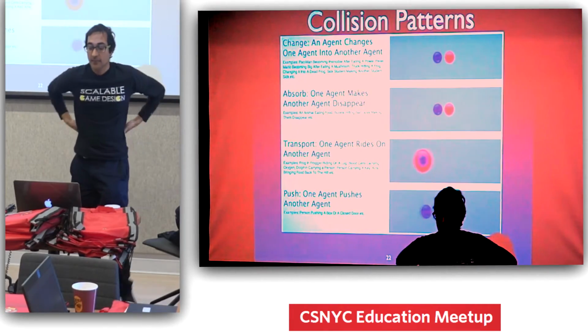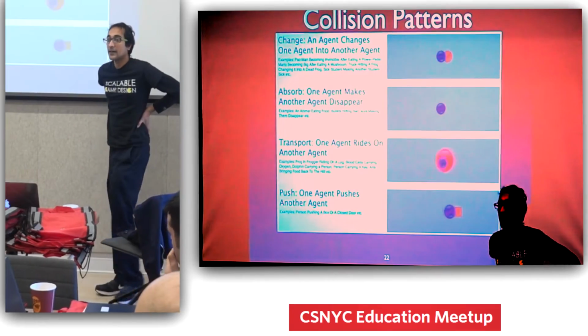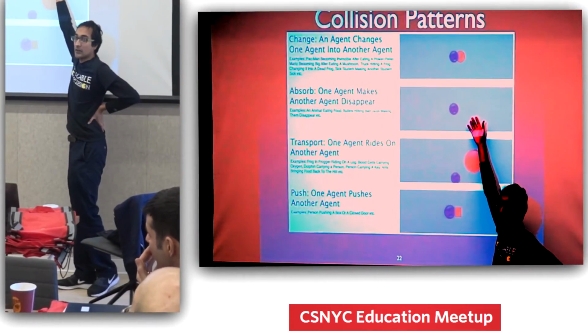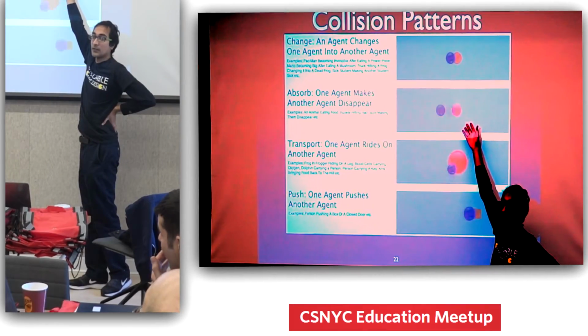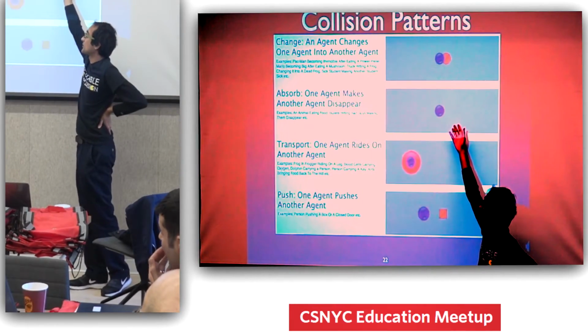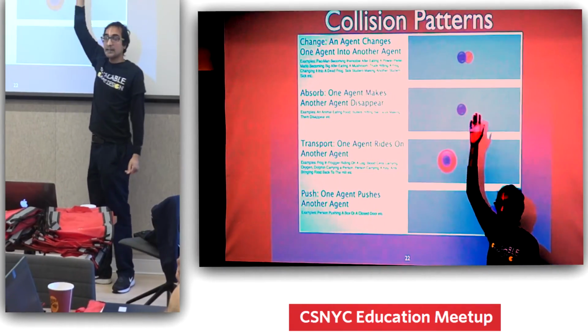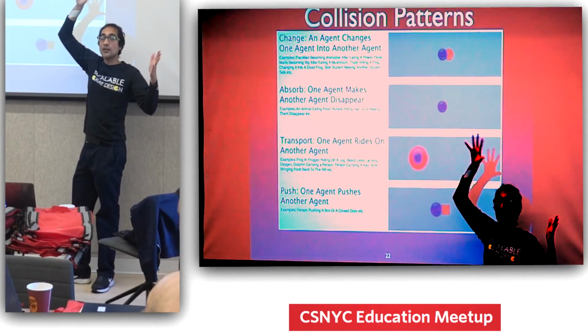You might think of them as two generic things acting out these patterns. Let's say we did this one in the frog game we just did, with the zombie making the frog disappear. One generic agent came to another generic agent and made it disappear. It didn't matter what they were.